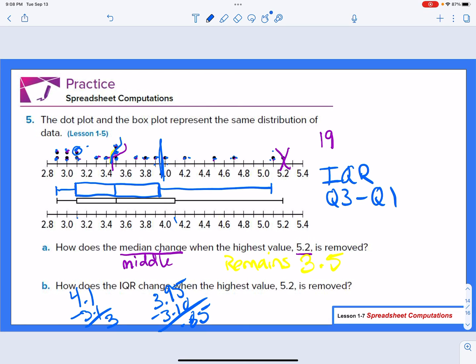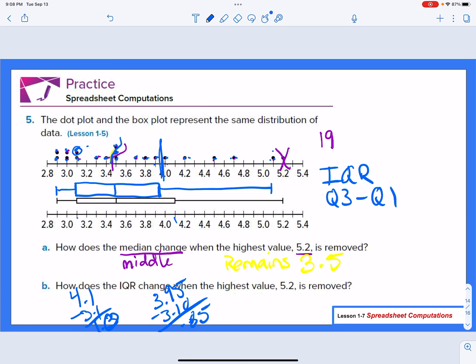So in this case here, my IQR is changing from, sorry, why did I put 3 there? From 1 to 0.85 is what I have here. Now my notes say it's a 0.9. Either way, I'm probably doing a little bit of math wrong somehow here. 3.95, yeah, that looks right to me.